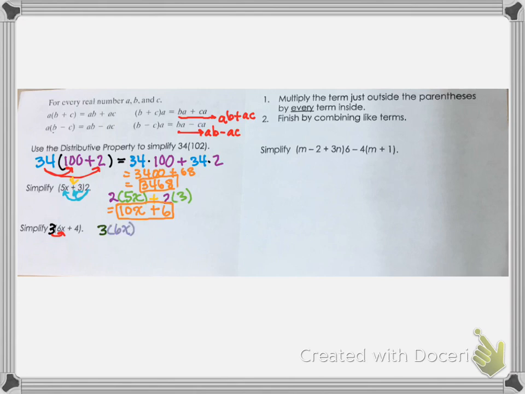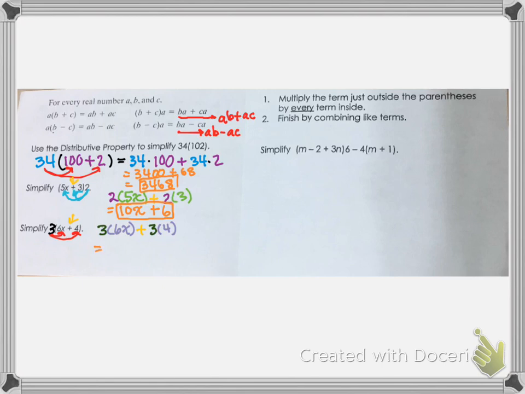And then if you notice, inside we've got, again, a plus sign. So we're going to say plus between them. And then we're going to multiply the 3 times the 4. So 3 times the 4. And then we just do whatever math we can do.